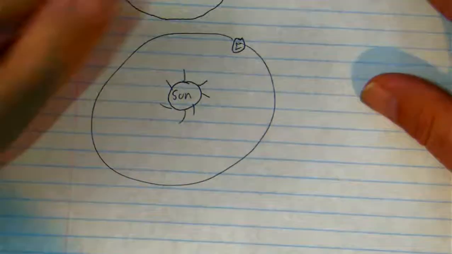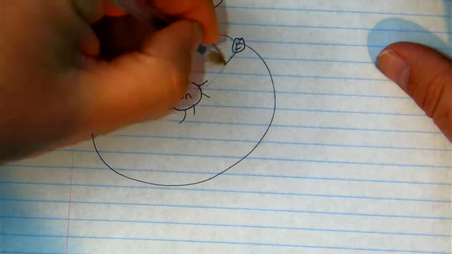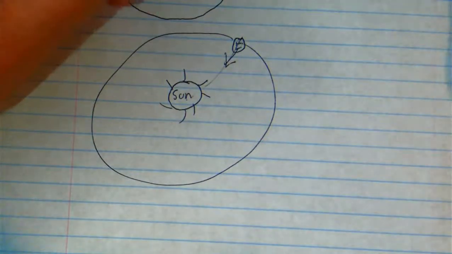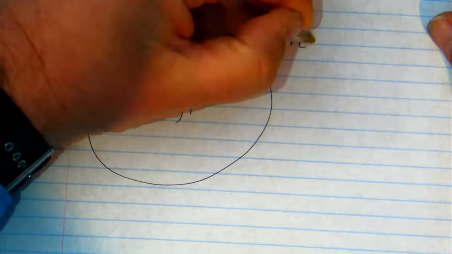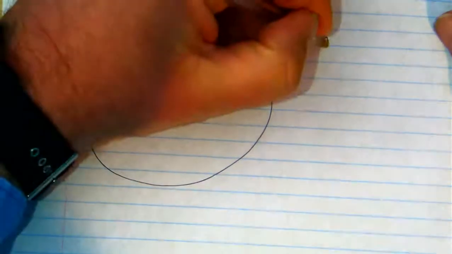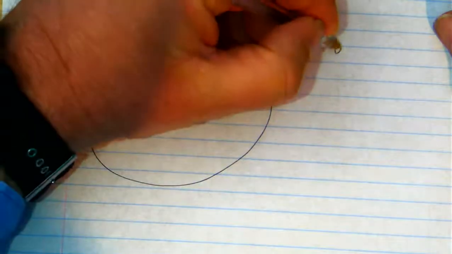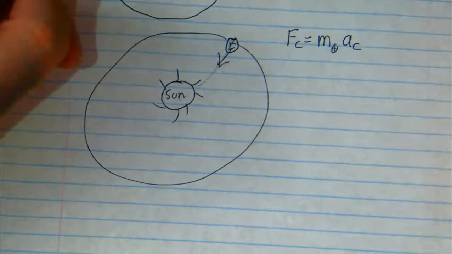And as the Earth goes around the sun, there are two things going on. There is the centripetal force acting on the Earth. And what is that centripetal force? Why, that's the mass of the Earth times the centripetal acceleration of the Earth.